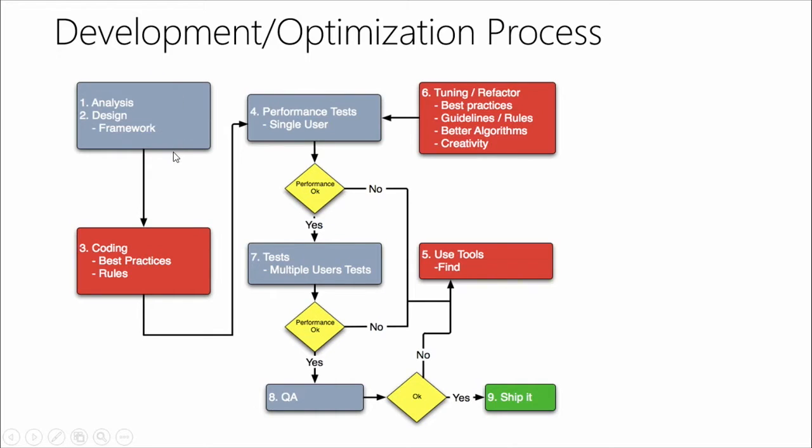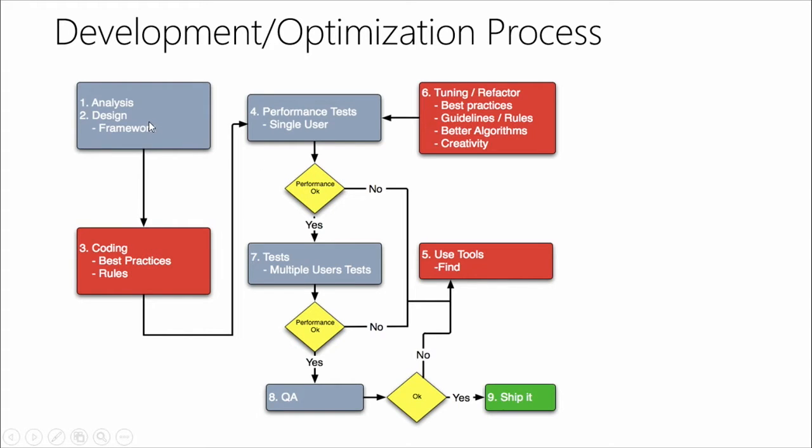But what I can share with you is a development and optimization process, which all the product teams use at Microsoft to make the performance much better. Now, do not think of the optimization process as being in addition to your development lifecycle. It is actually part of your development cycle.